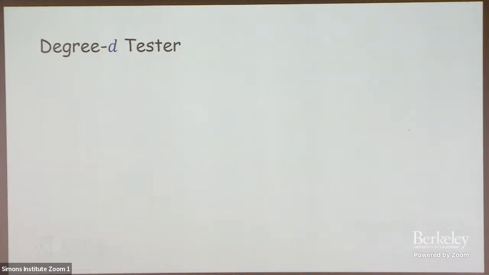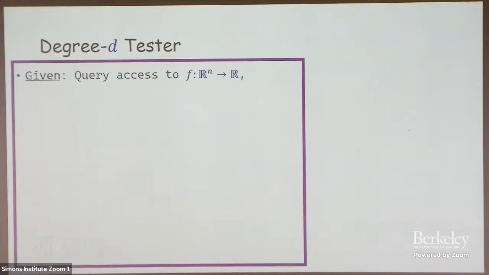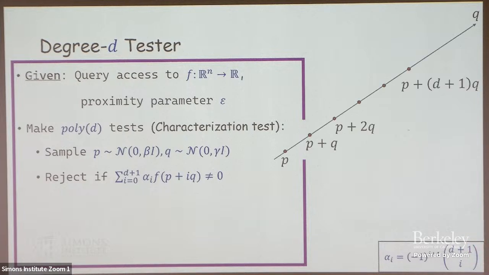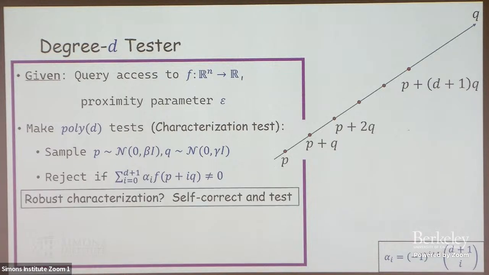Okay, so let's see what a tester is. We're going to use this characterization. The tester has query access to the function. Questions? It gets a proximity parameter, and then it makes some number of tests of this form. You pick two random points from some scaled Gaussians, and then you take the point P and the direction Q, take d plus 2 evenly spaced points, and check whether they satisfy the characterization.